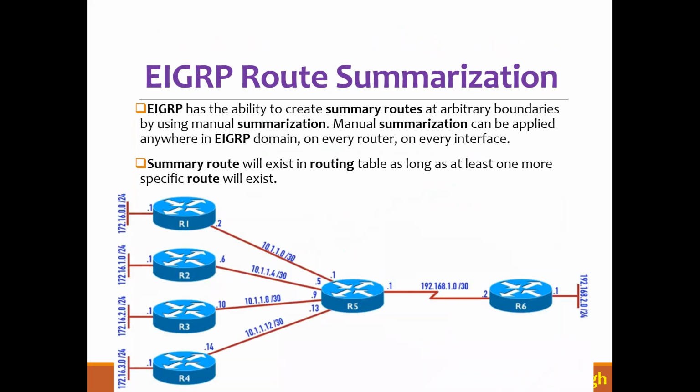Now EIGRP route summarization. What is route summarization? In networking we have already done it. Subnetting is breaking one network into multiple networks. Summarization is collecting multiple networks into one network, right?